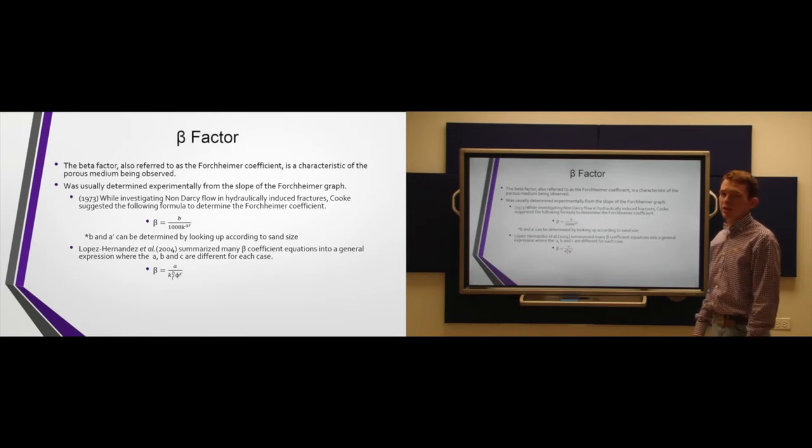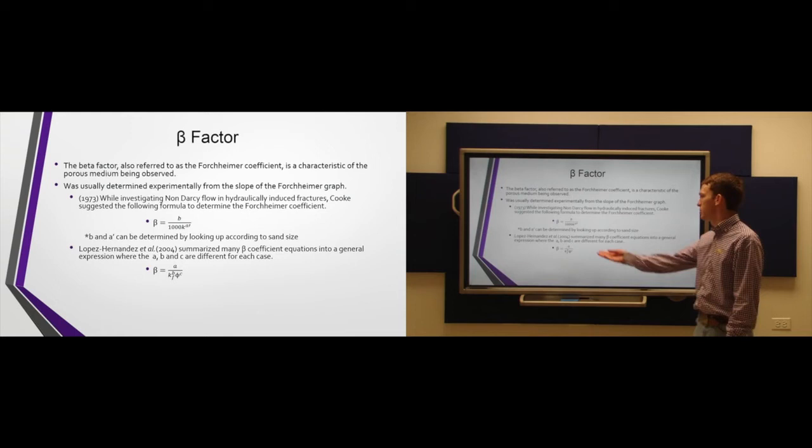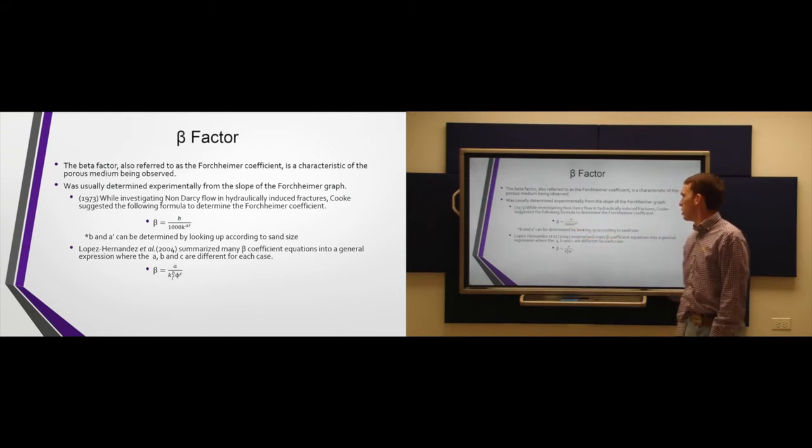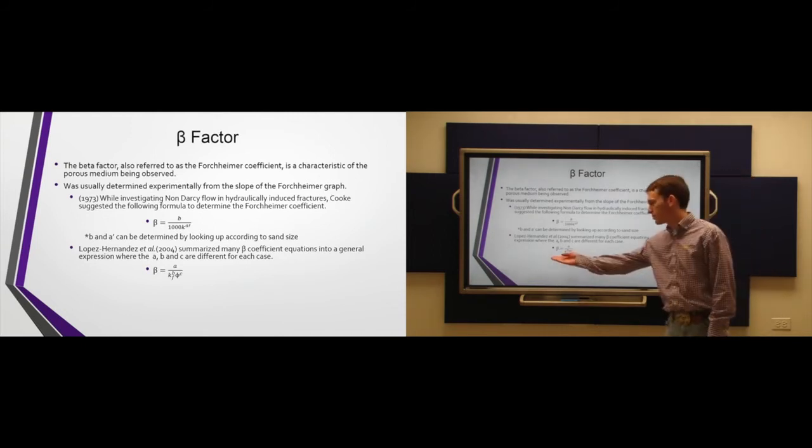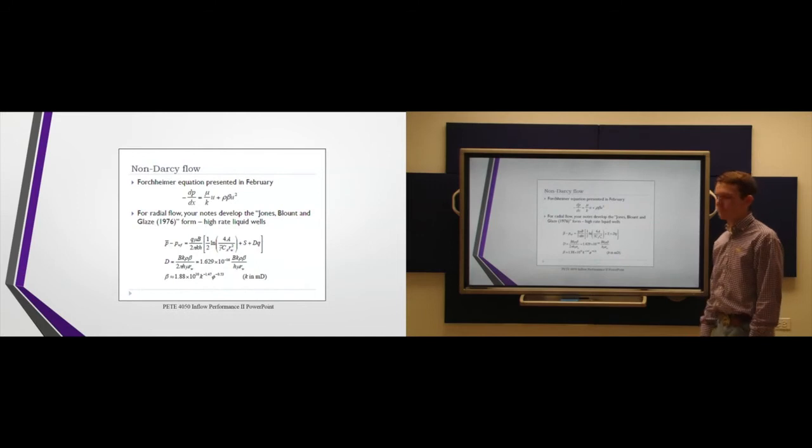While investigating non-Darcy flow in hydraulically induced fractures, Cooke suggested the following equation. And Lopez-Hernandez summarized many beta coefficient equations into a general expression where A, B, and C are different for each case. Here we show the Forchheimer equation that was presented to us in class.